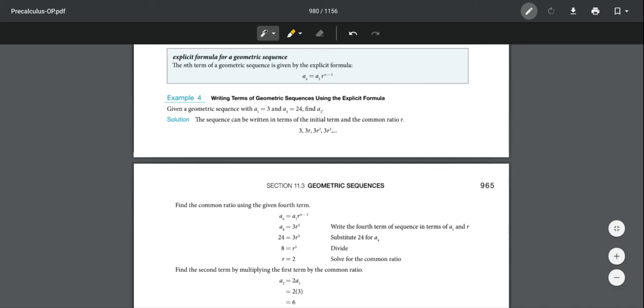If R is negative, then either all of the even terms will be positive and the odd terms will be negative, or all the odd terms will be positive and the even terms will be negative. Because when I'm multiplying by a negative number, I'm going to be switching back and forth between positive and negative every time. So if I have 1 times negative 2 is negative 2. Negative 2 times negative 2 is positive 4. So I'm going to be switching back and forth between positive and negative.